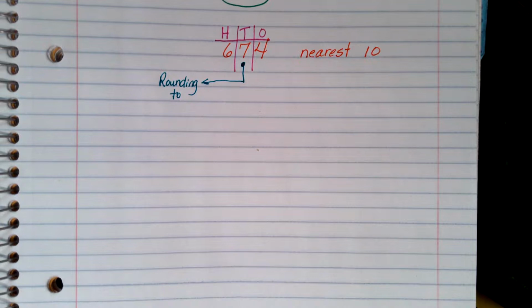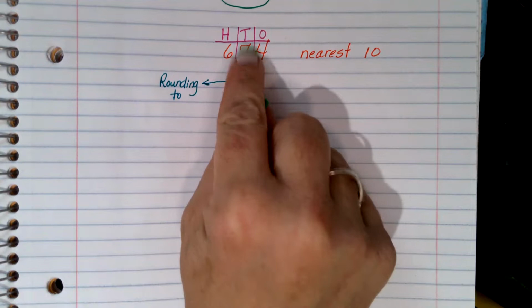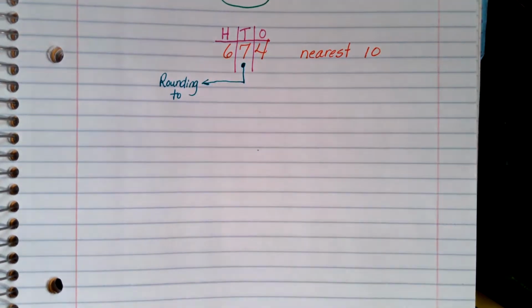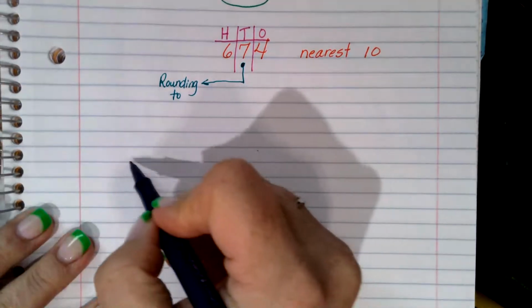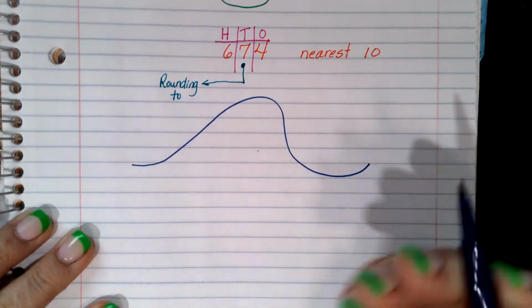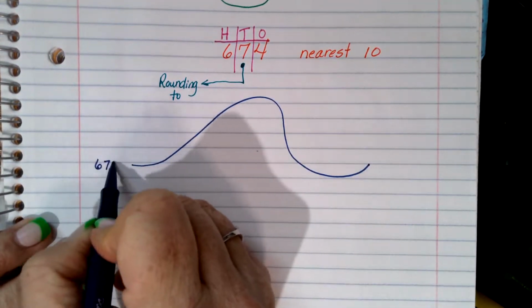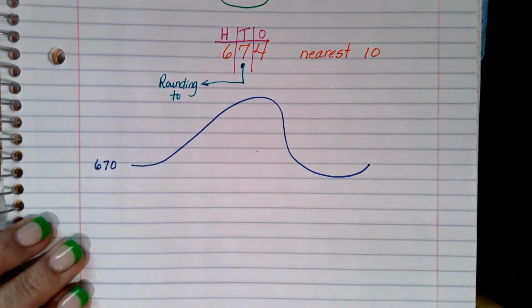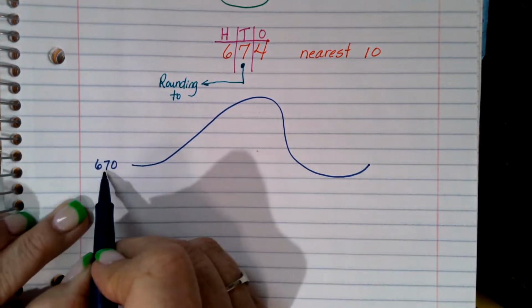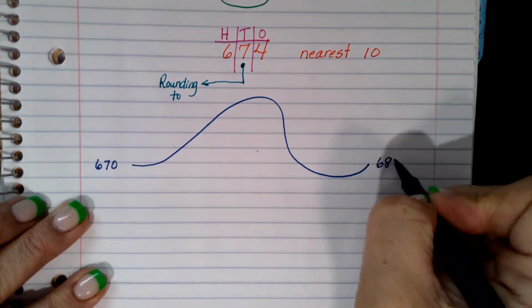But before that, we need to look at, okay, so if this is 674 and we have 7 tens in there, then when we make our roller coaster, we need to make it with 670 on this side. And the next 10 up from 670 is 680.